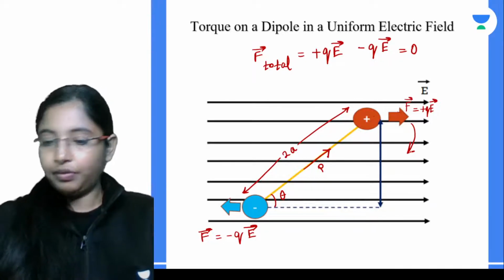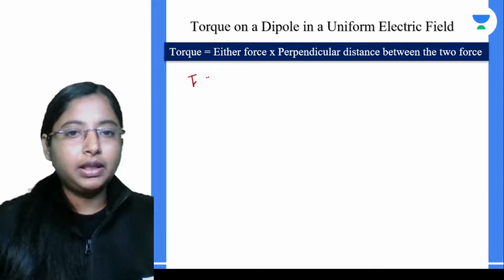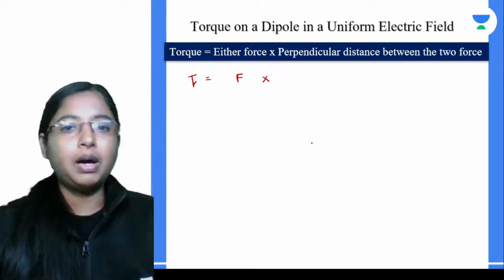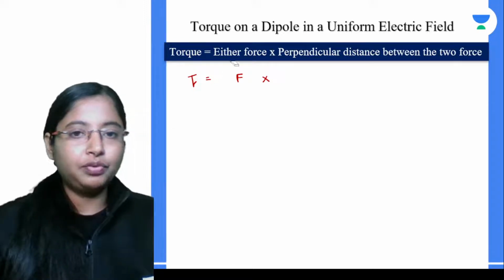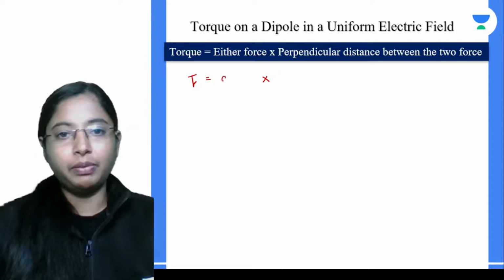We want to find the torque. Torque is nothing but either one of the forces times the perpendicular distance between them. Either force we know, it is given by Q into E.